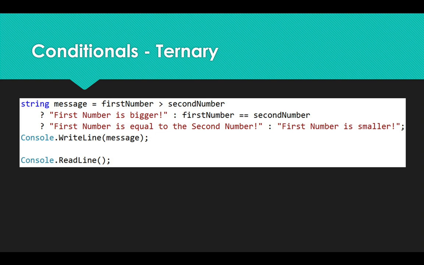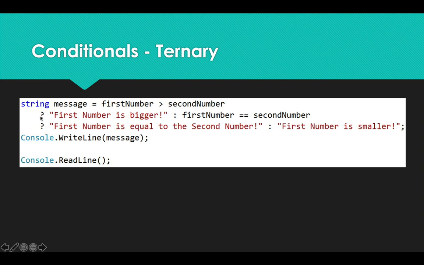There's also a ternary operator inside of C#, and so here we have a condition, first number is greater than second number. If that condition is true, the first bit here will be triggered. If it is false, the second part will be triggered. Ultimately, you can trigger multiple ternaries and string them all together.